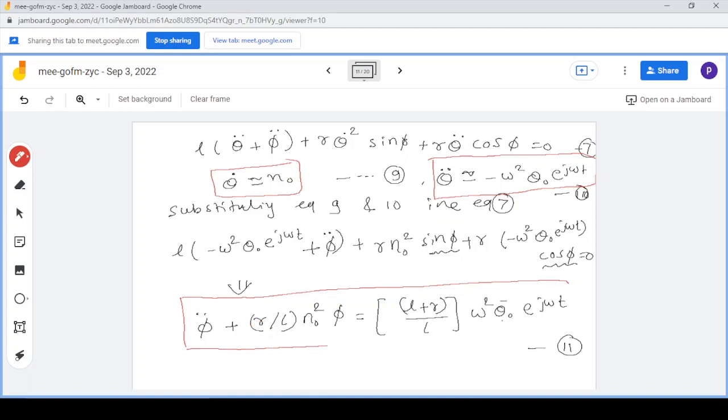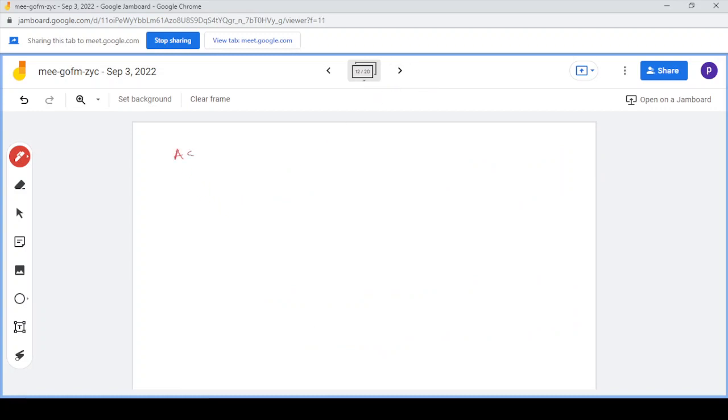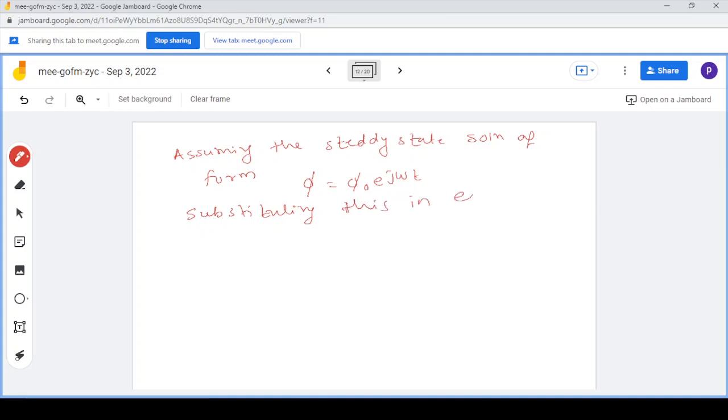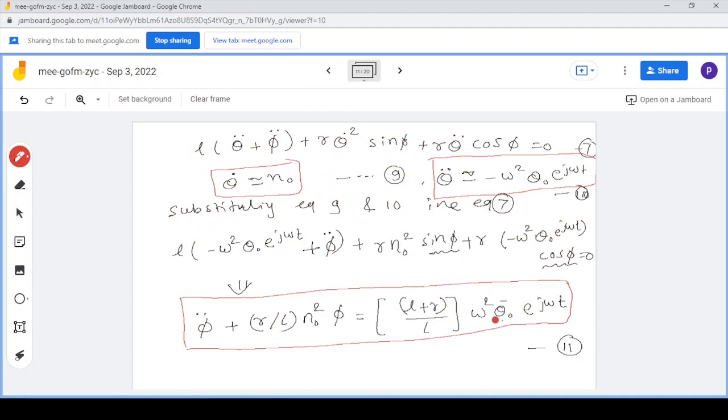Now, assuming the steady state solution of the form phi is equals to phi 0 e raised to j omega t, substituting this in equation 11, which we just obtained.